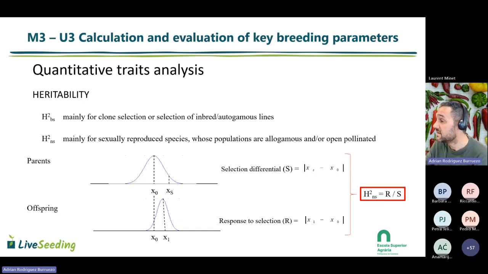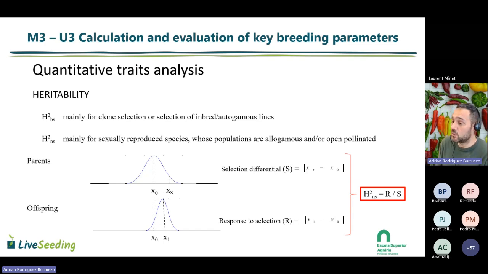So if you reproduce sexually by selfing, which is the reproductive system of this species, one inbred line, the offspring is exactly the same, because the genes are homozygous, and selfing homozygous genes keep the same in the next generation. So broad sense heritability is useful for clonal selection or working with sexually reproduced but highly autogamous or inbred lines.